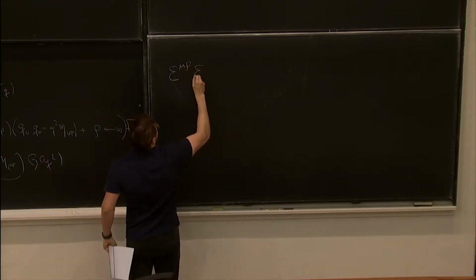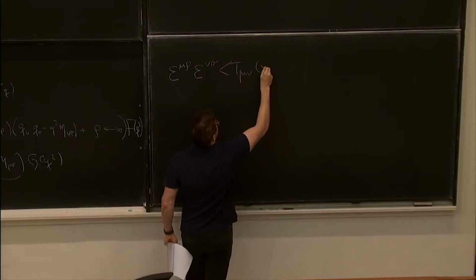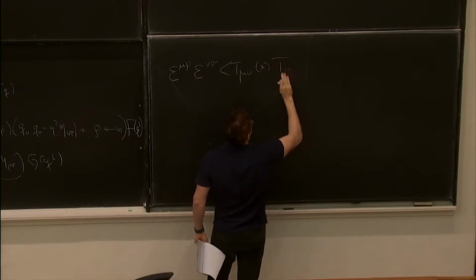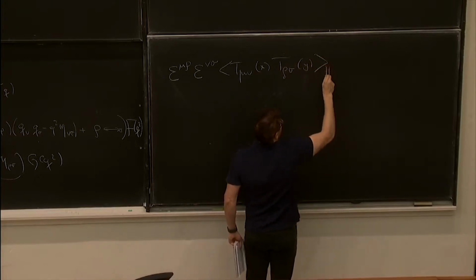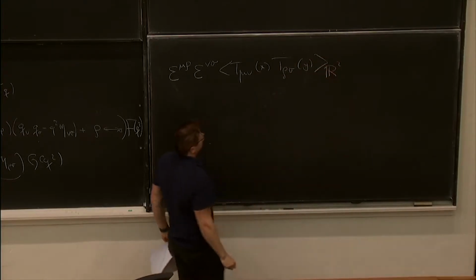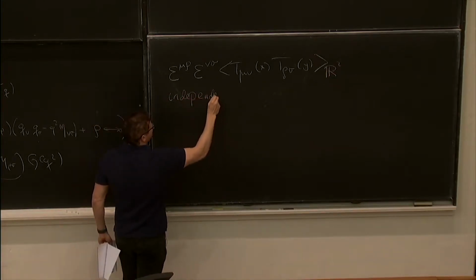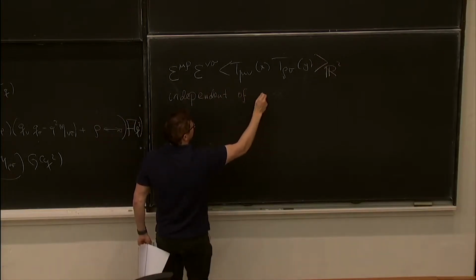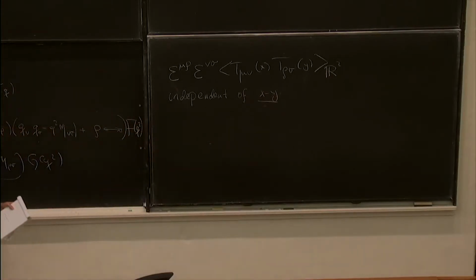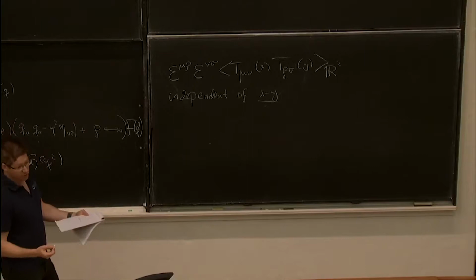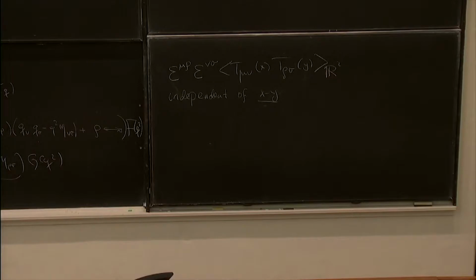We just learned that ε_μρ ε_νσ T^μν(x) T^ρσ(y), this is still in R², is independent of the distance. So this two-point function is like topological, even though the theory that we started from is massive.